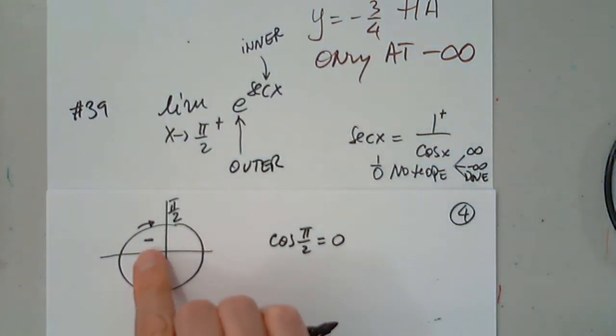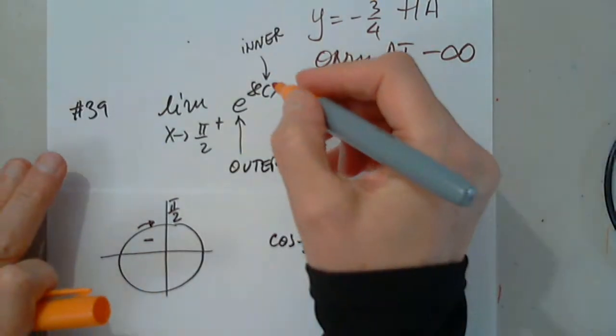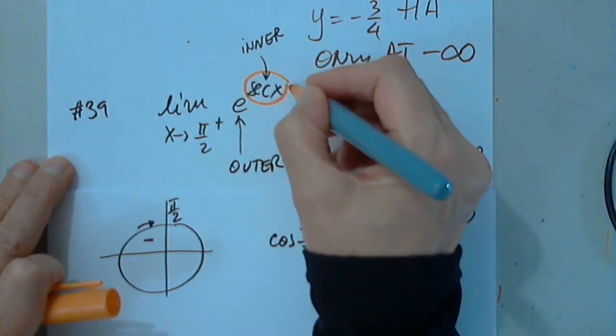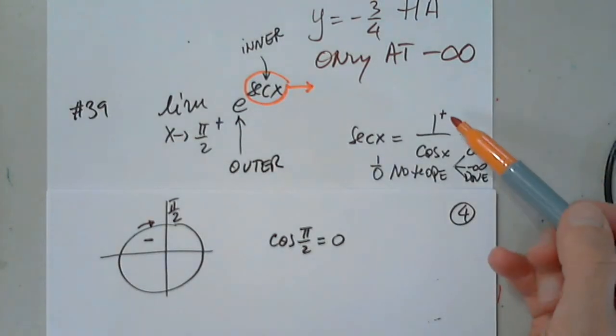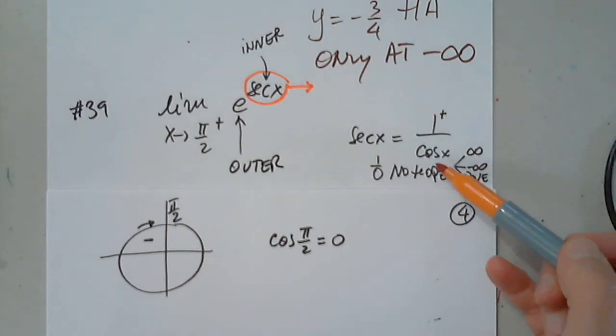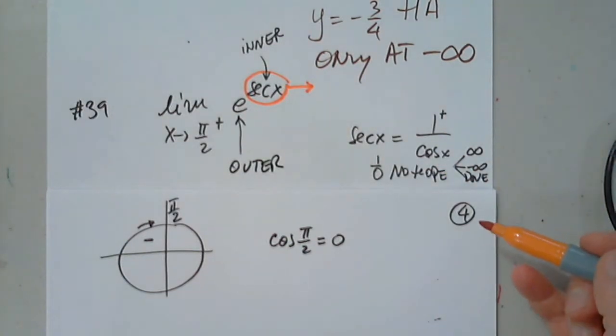You already told me that cosine is negative in the second quadrant. So then now you can tell me where this piece is going. Where is it going? The top is positive.